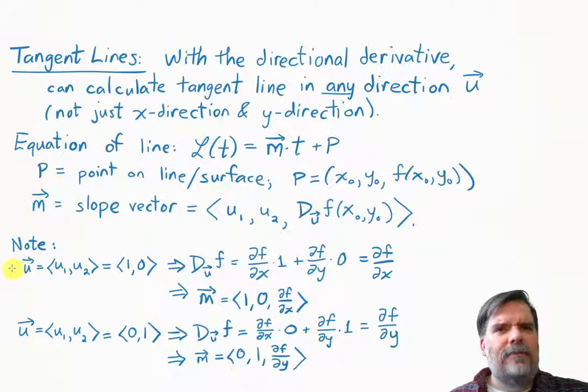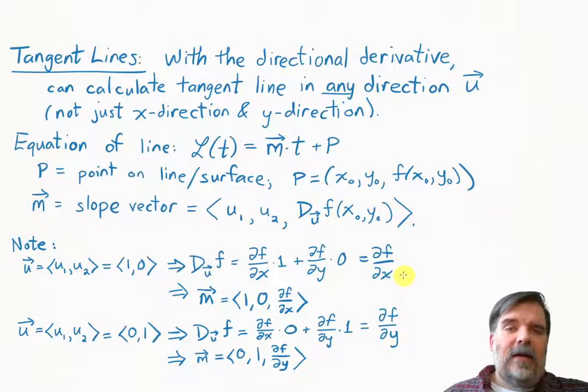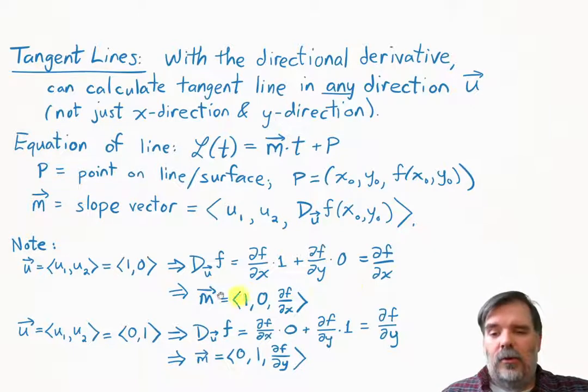And just as a fun side note, if you went through this calculation, say for the vector u being the vector (1,0), what would the directional derivative be? Well, according to the formula, D_u f would be df/dx times 1 plus df/dy times 0, which is just df/dx. And that answer algebraically agrees with our intuition.